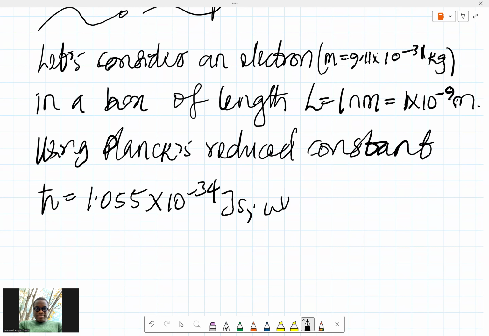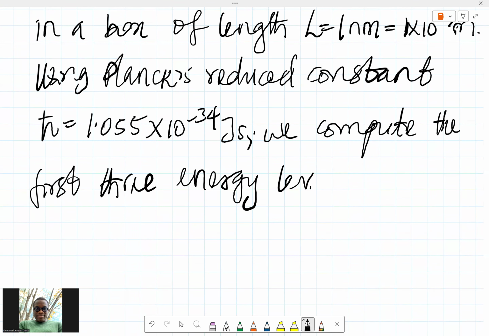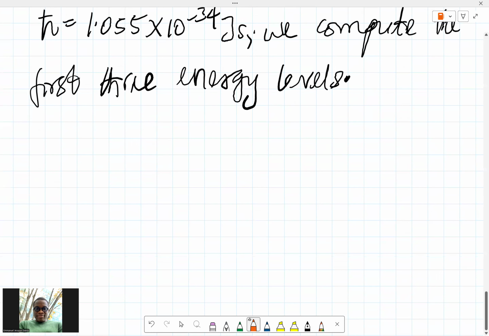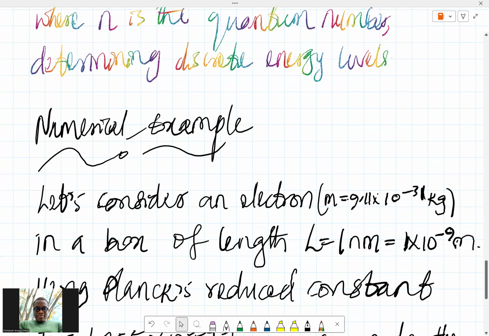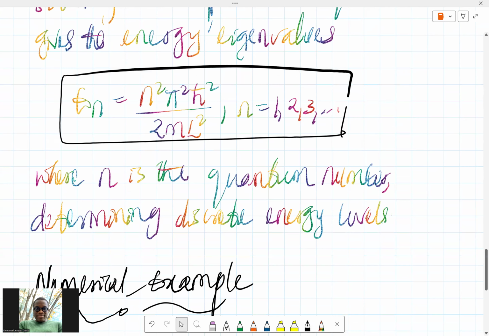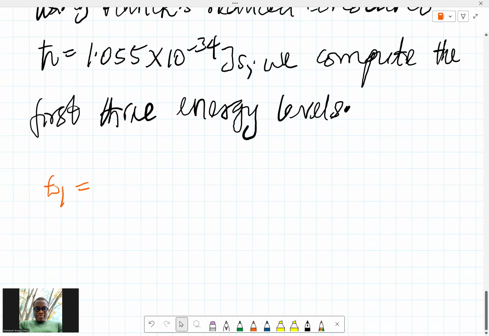So we compute the first three energy levels as follows. The first energy level, E1, of course, E n is n squared pi squared h bar squared all over 2 m L squared. For the first energy level, n is equal to 1.